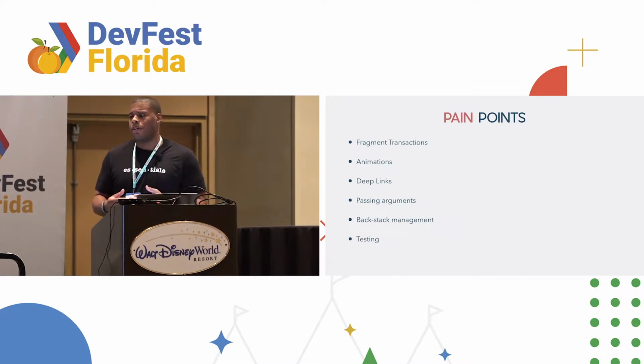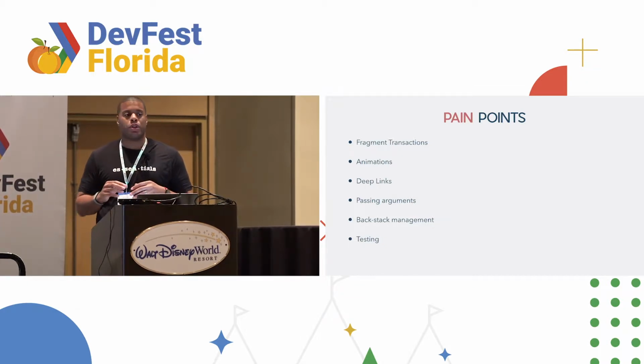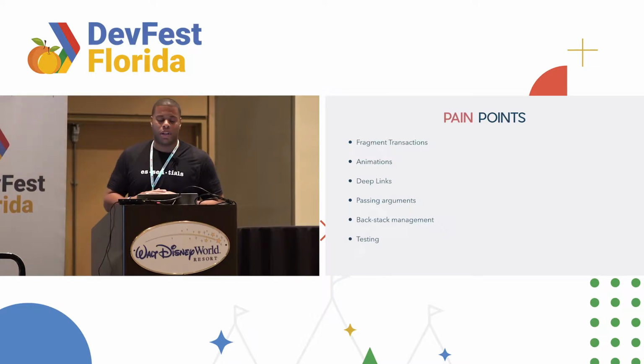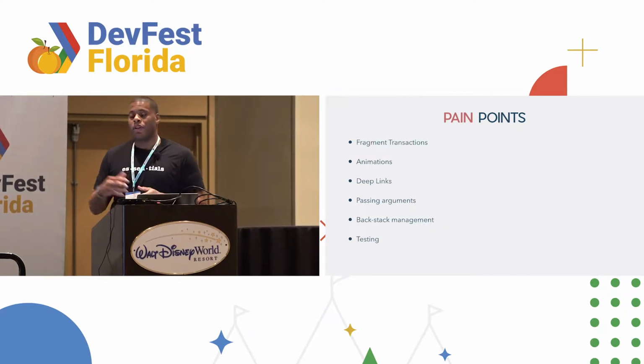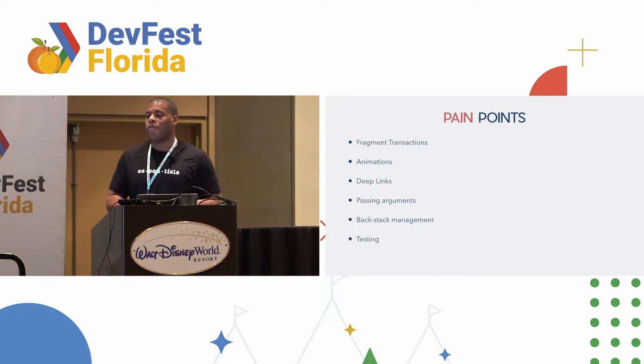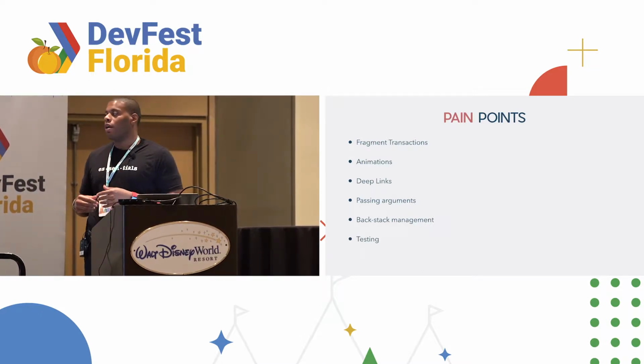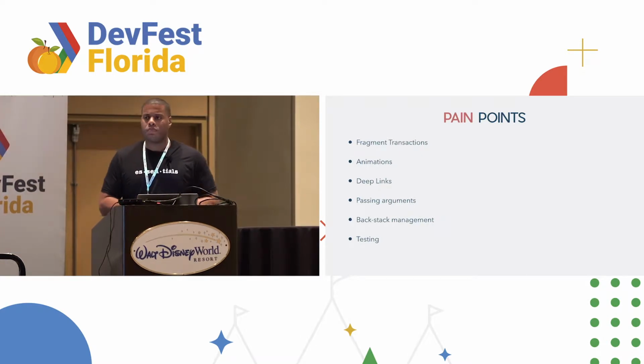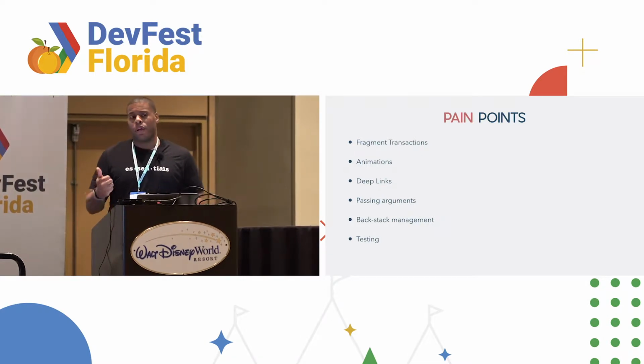If you ever dealt with fragments before, when you try to animate a fragment, sometimes you run into issues depending on how you structure your call to commit that fragment transaction. They want to provide an easier way to deal with deep links, as well as provide a type-safe way to pass arguments. Also, they want to greatly improve the backstack behavior.